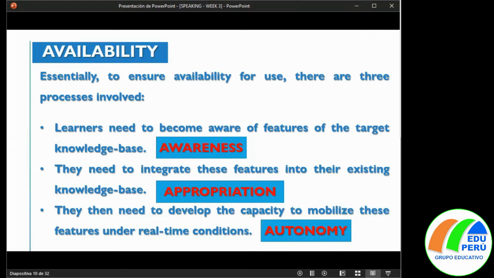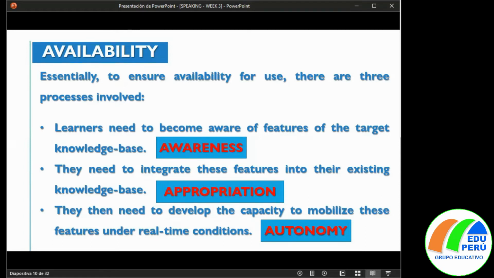So we have here awareness. Students are conscious about the target language, the characteristics of this target language. After being aware of these characteristics, they need to integrate them into their own existing knowledge base.